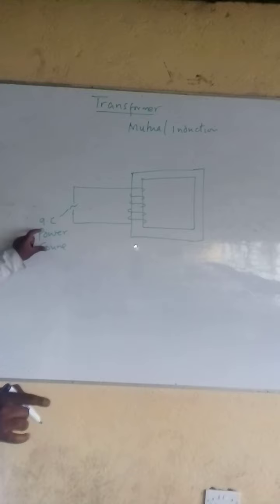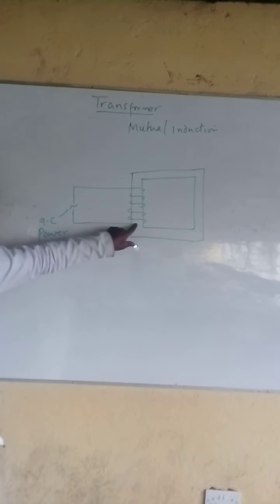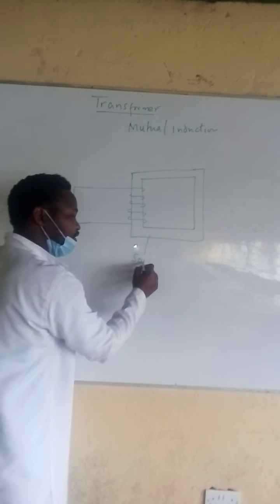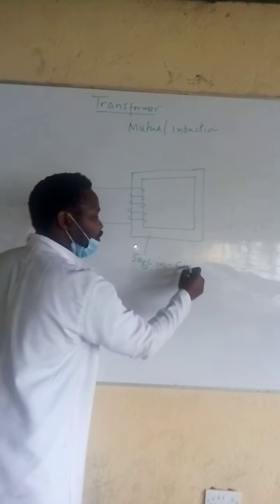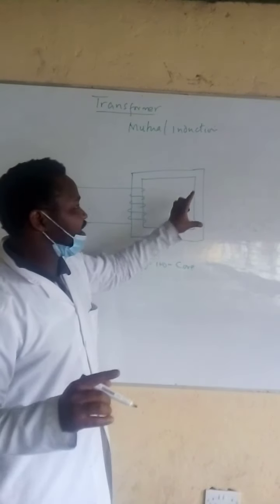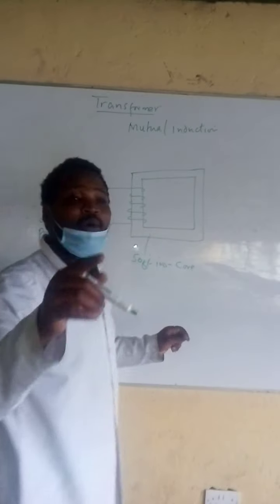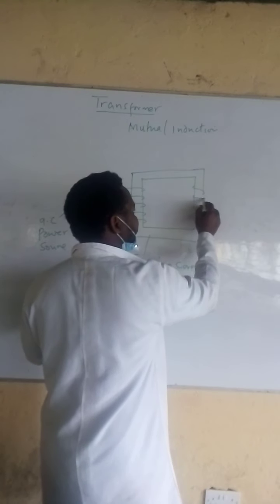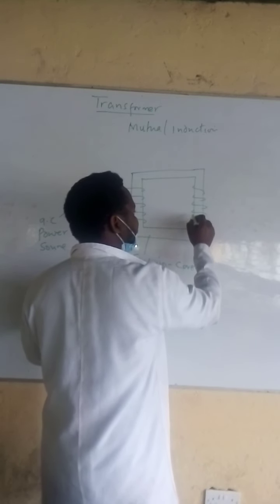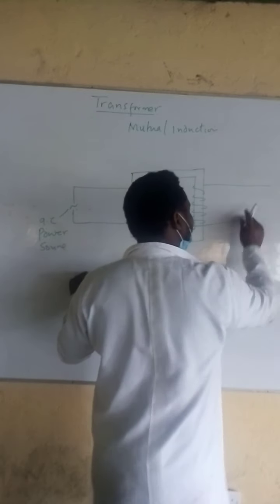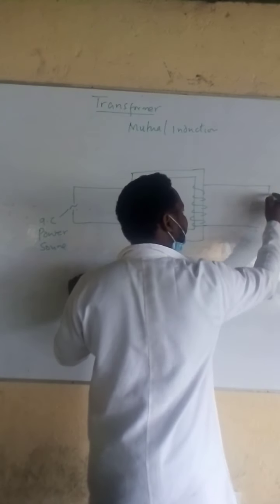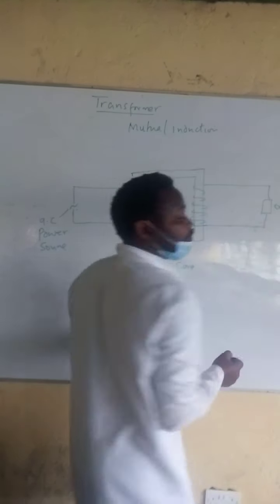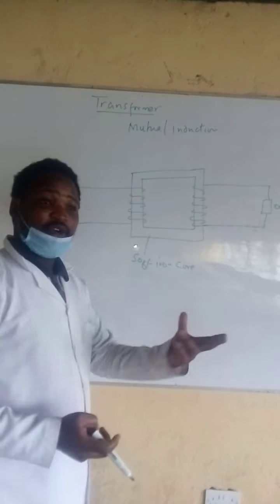That is where the AC power source is fed into. And then this coil is wound on a soft iron core. And then the secondary coil is on the other side. Secondary coil is wound on the same soft iron core. Output.